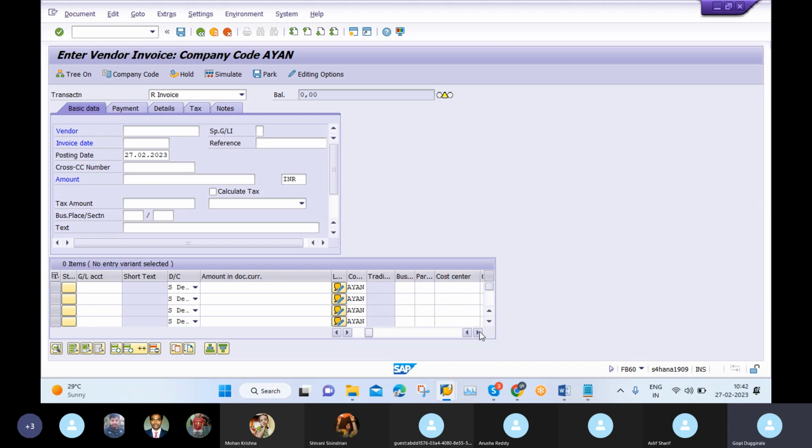If I want to post one purchase invoice, here what is this item? Cost center is mandatory. If you use the controlling module in your organization, this is mandatory. Without it, we cannot post a vendor invoice in SAP.